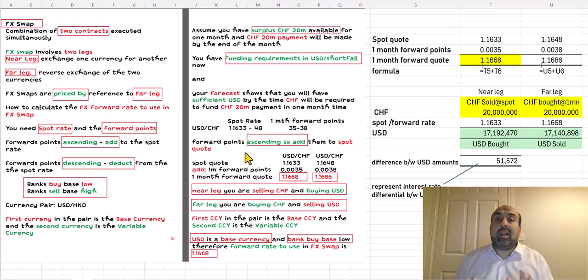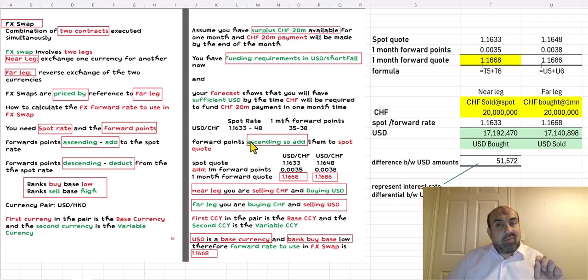We are told that we have 20 million CHF surplus that will last 1 month, when we will need 20 million CHF to fund our outgoing payment. We currently have a shortfall in US dollar. Therefore, we are going to convert the surplus 20 million CHF into US dollar.